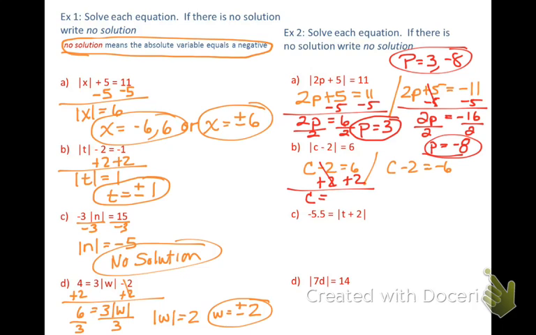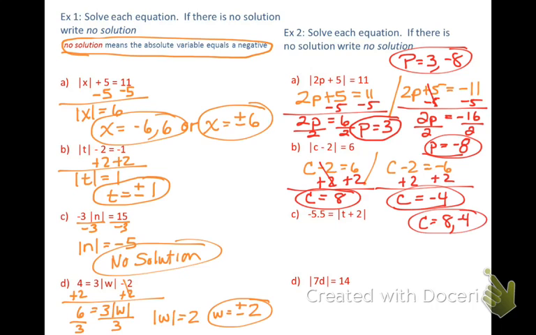And so your answer will be c equals 8. That's your first answer. Then I'm going to add 2 to both sides on this one. And that one will be c equals negative 4. Remember, this is negative 6 plus 2. They're opposite signs, so you subtract them. Either way will work.